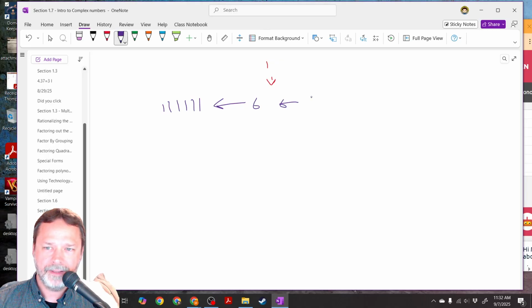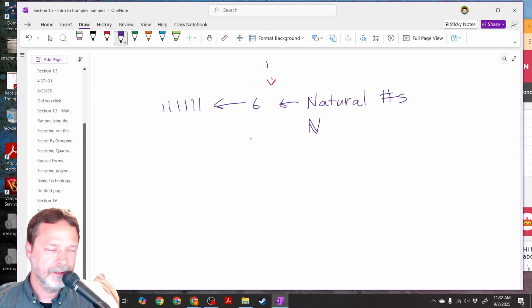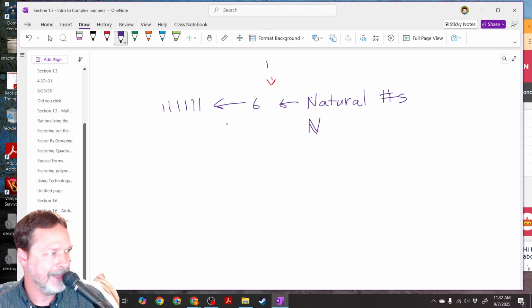All those counting numbers we called natural numbers, and we've got a fun little way to write those: N. All the counting numbers. We can add 0 if we want, and there's a name for those, but we don't use that as much. I forget what it is. And then we have our integers, where we can go negative. We've got the negative numbers plus 0.